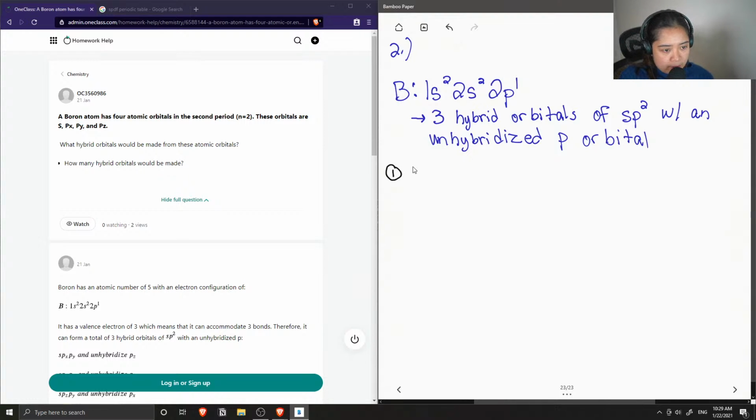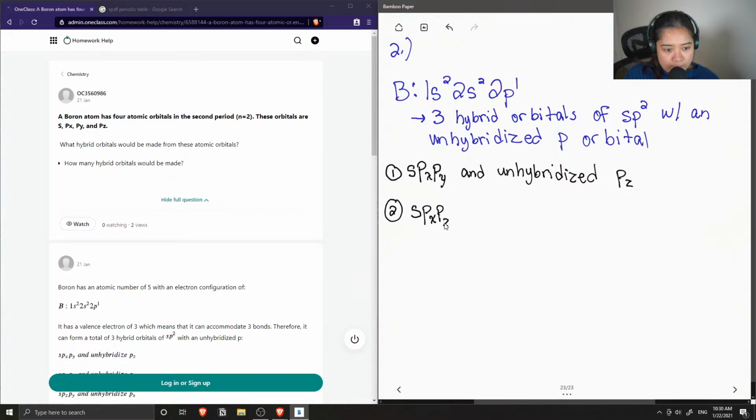So for example, we can have an s, px, py hybrid orbital and an unhybridized pz. Another combination is s, px, pz, and an unhybridized py.